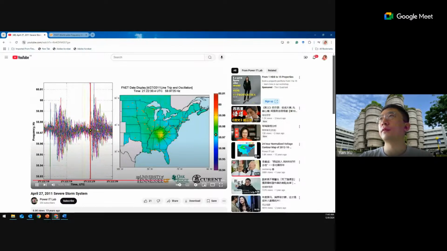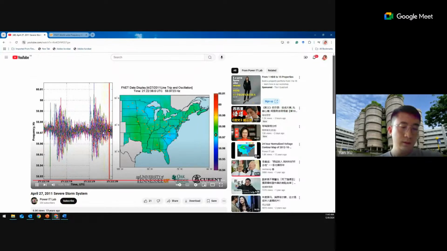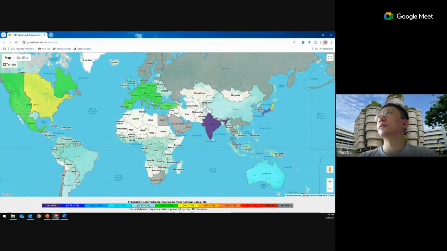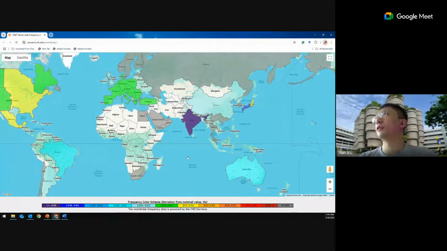So you can see the frequency starts to fluctuate very significantly. Very interesting. This is for the events. You can go to this website to check these values for different regions.